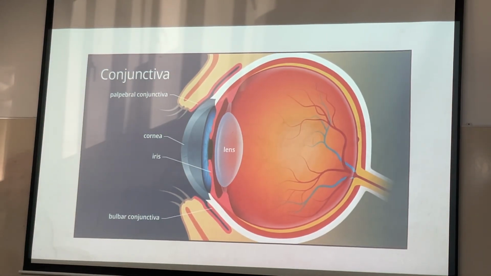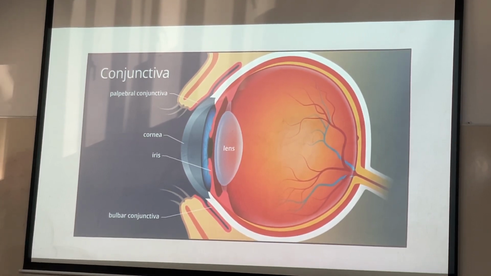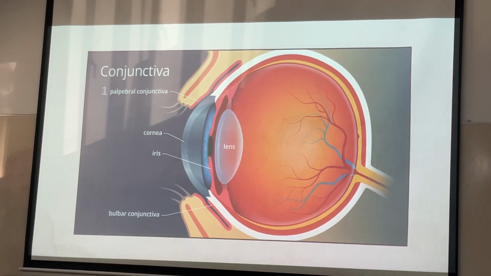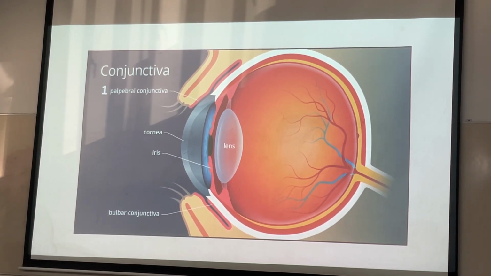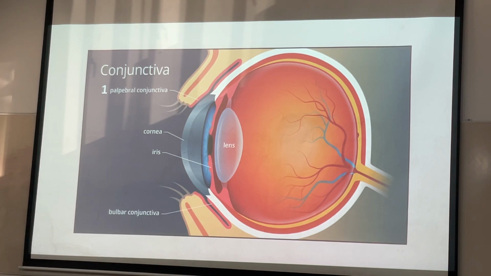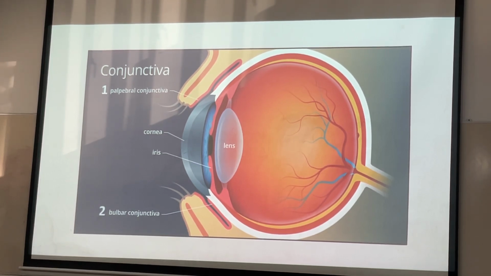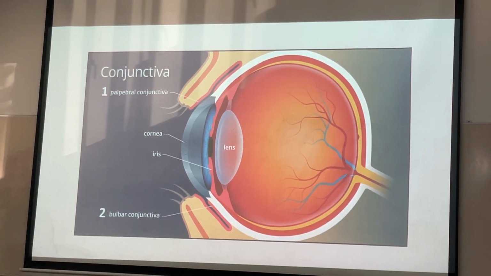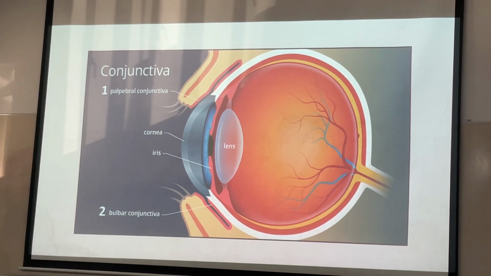So there are parts of the conjunctiva. So as mentioned, the back part of your eyelid is called your palpebral conjunctiva. Directly behind the eyelid is your palpebral conjunctiva. And number two, you have your bulbar conjunctiva. So if you look at your palpebral fissure, the conjunctiva that you directly see is your bulbar conjunctiva.